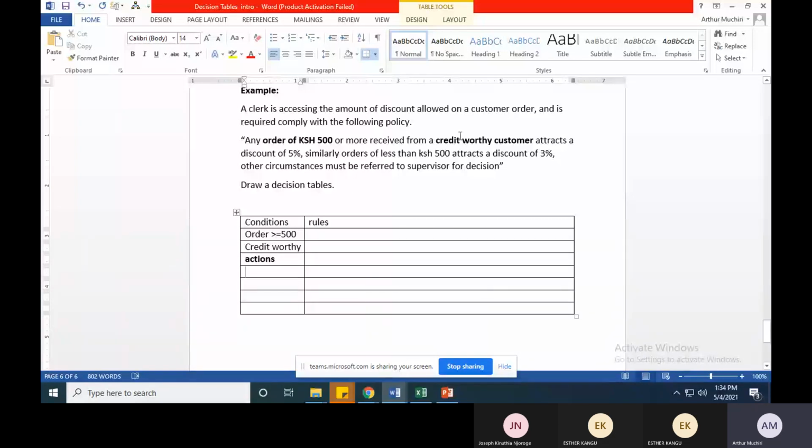The first action is give 5% discount. Allow 5% discount. That is the first action. The other one is allow 3% discount.